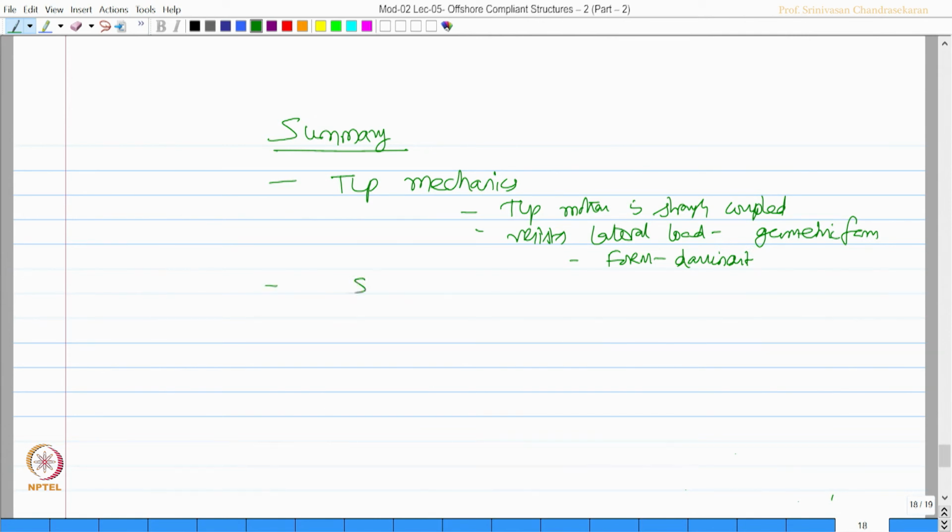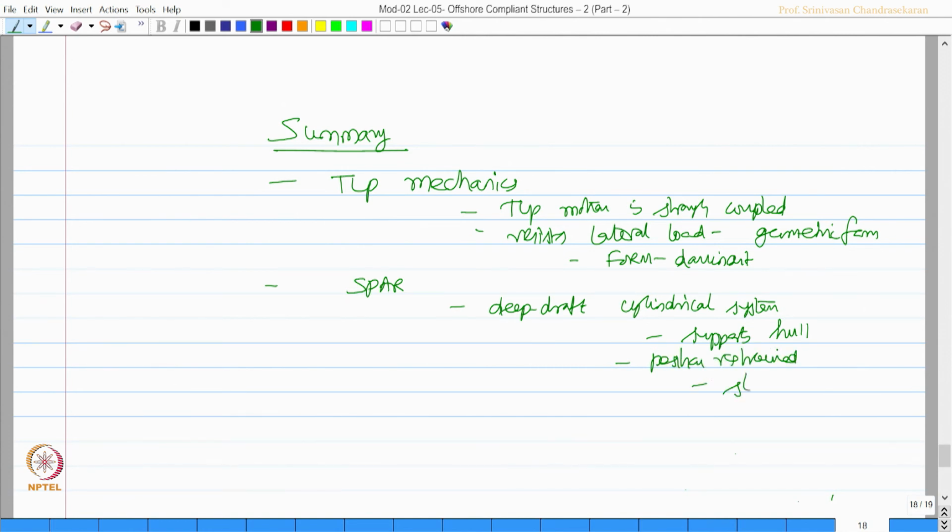Further, we also discussed spar platforms which have a deep draft cylindrical system which supports the hull. It is position restrained by slack mode tethers.